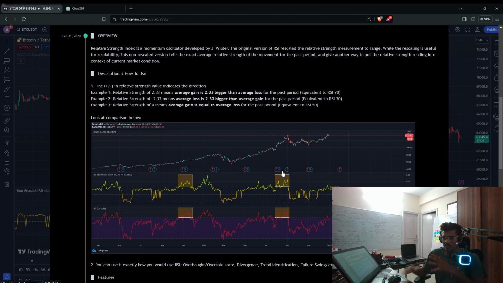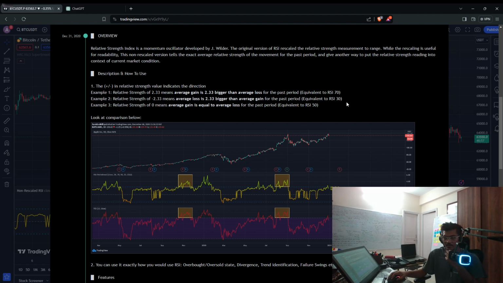See it as a game, where we are factoring the average gain and average loss. That is equivalent to 70, which is the overbought condition. A relative strength of minus 2.33 means the average loss, the seller side, is bigger than the average gain, because they are losing money for the past period, which is equivalent to RSI 30.